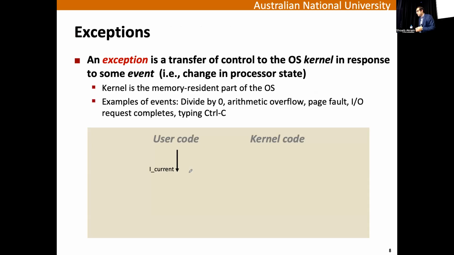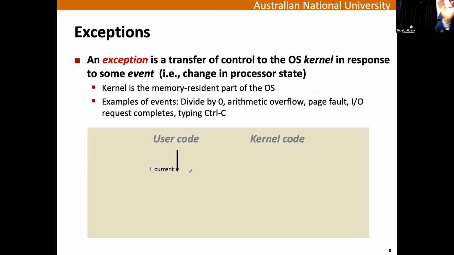Let's start with exceptions. An exception is a transfer of control to the operating system kernel in response to some event that the processor detects. It could be that the processor has a special pin and an input-output device, a disk, or any other input-output device sends a signal on that pin, and the processor goes, oh my God, I need to do something else.